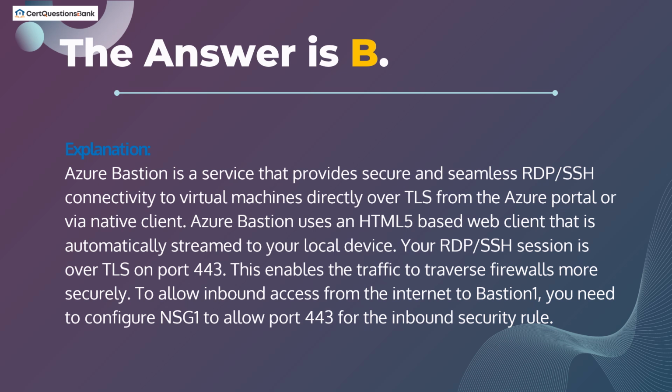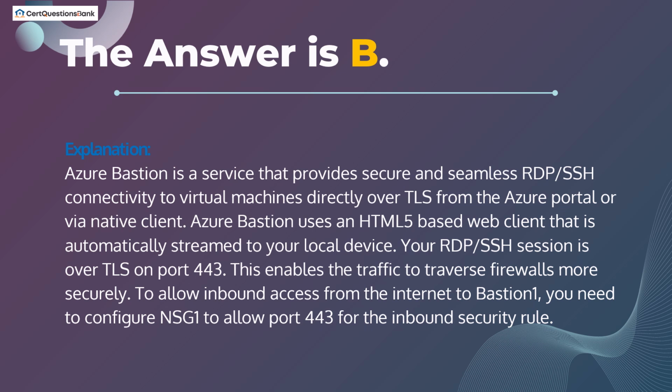Azure Bastion is a service that provides secure and seamless RDP, SSH connectivity to virtual machines directly over TLS from the Azure portal or via native client. Azure Bastion uses an HTML5-based web client that is automatically streamed to your local device.